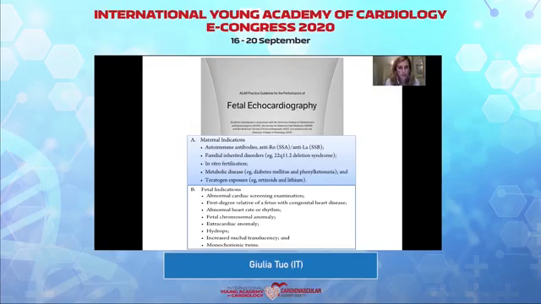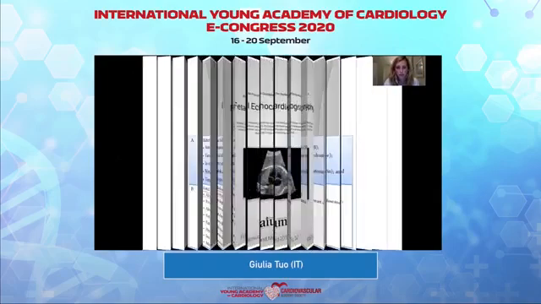There are maternal indications, like, for example, a metabolic disease or autoimmune antibodies. But there are also many fetal indications, like, for example, a first degree relative of a fetus with congenital heart disease. But for sure, the most important indication for performing the fetal echo is an abnormal cardiac screening examination.